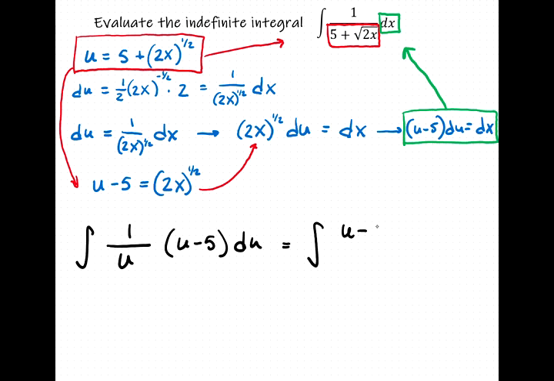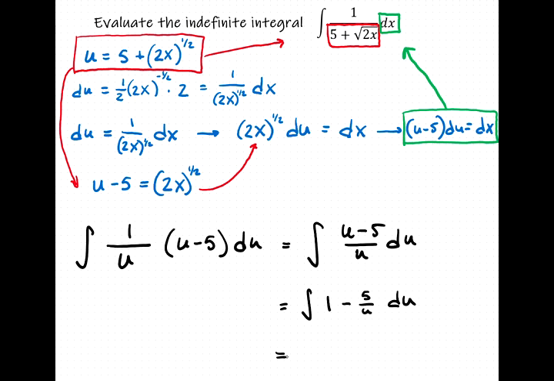So this is u minus 5 over u du, and we could split this fraction up. When we have two terms on the bottom, like in our original problem, we can't split up that fraction. But when we have a single term on the bottom, now we could split this up as u over u, which is 1, minus 5 over u du.